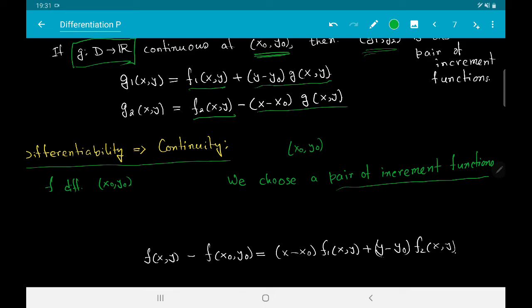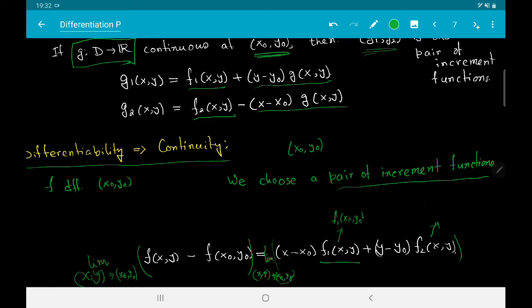Then we apply the limit as x, y tends to x0, y0 on both sides. Since the function f1 is continuous at the point x0, y0, this goes to f1 of x0, y0.